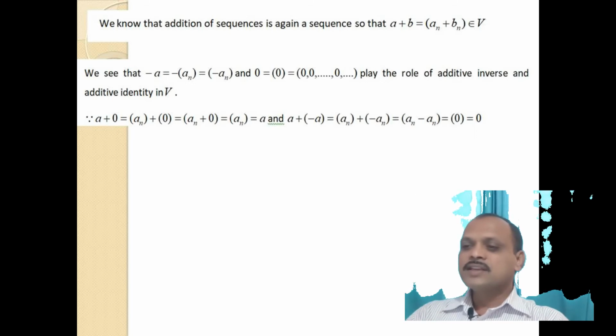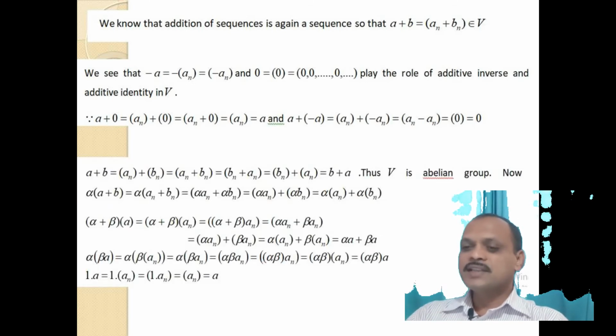Now let us see how this set satisfies the properties of a vector space. Alpha times A plus B means the sequence An plus Bn multiplied by alpha, giving alpha An plus alpha Bn, which is alpha times An plus alpha times Bn.